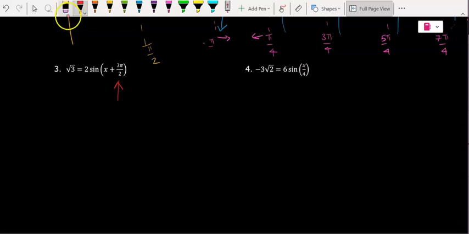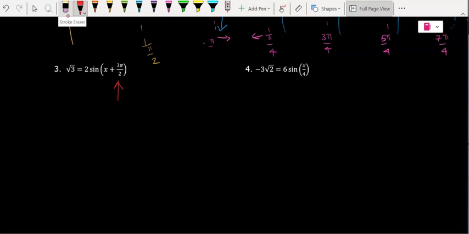Either way. So what I've got right here is it's moving my graph left 3 pi over 2. So what I'm going to end up doing here is my graph for sine normally goes from 0 to 2 pi. It still is going to have a period of 2 pi. It's just moved left 3 pi over 2, which is actually 3/4 of your entire unit circle. So that's a pretty large shift left.